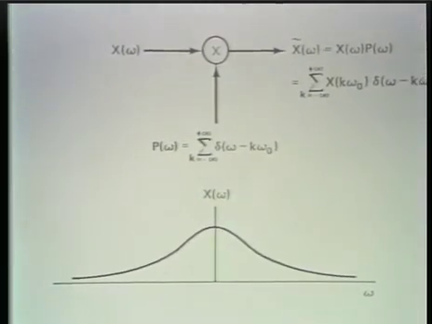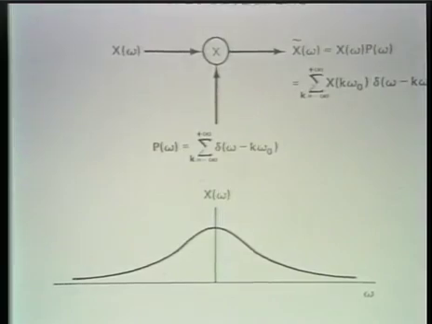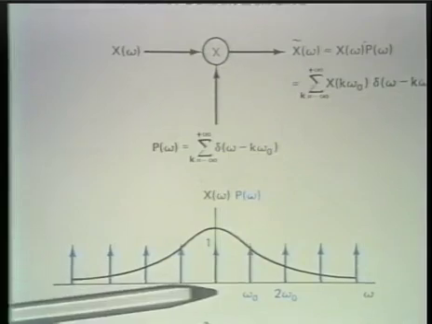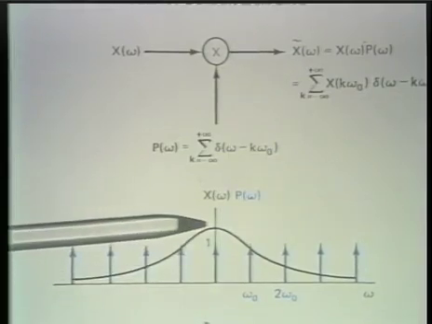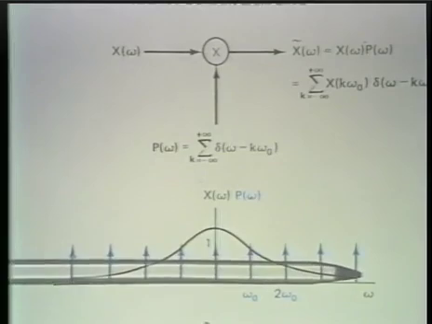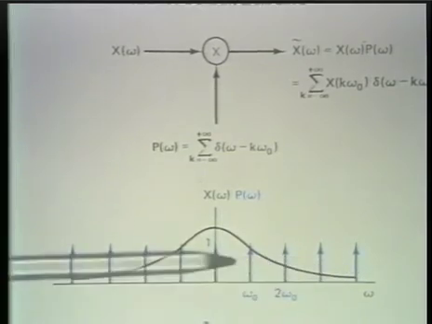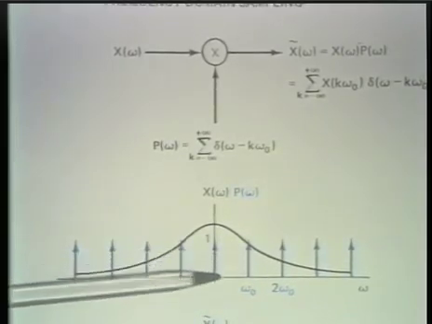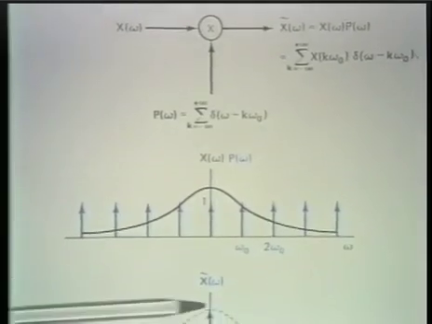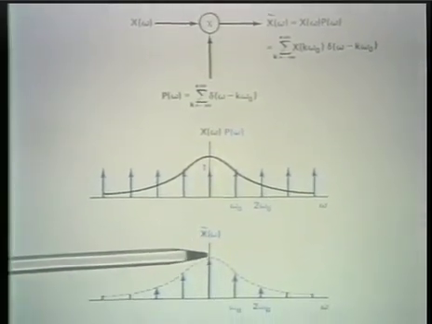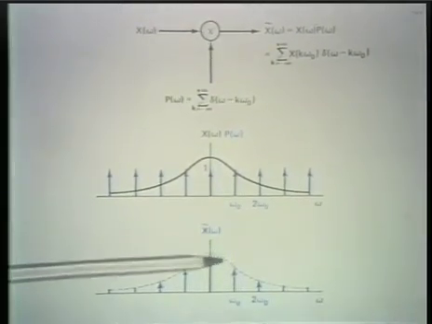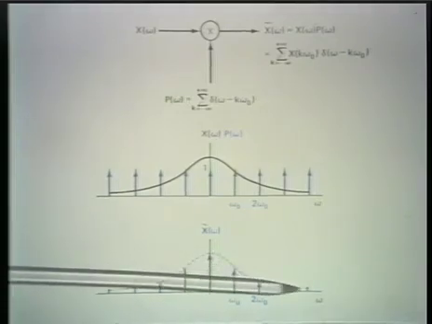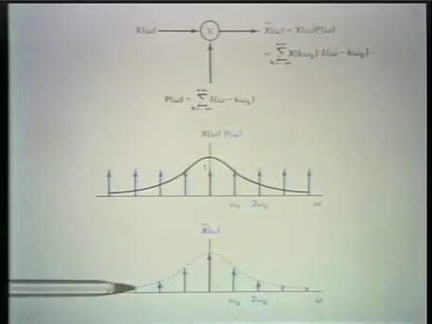And the spectrum then for the signal associated with the frequency domain sampling consists of multiplying in the frequency domain by this impulse train, or correspondingly, the Fourier transform of the resulting signal is an impulse train in frequency with an envelope which is the original spectrum that we were sampling.